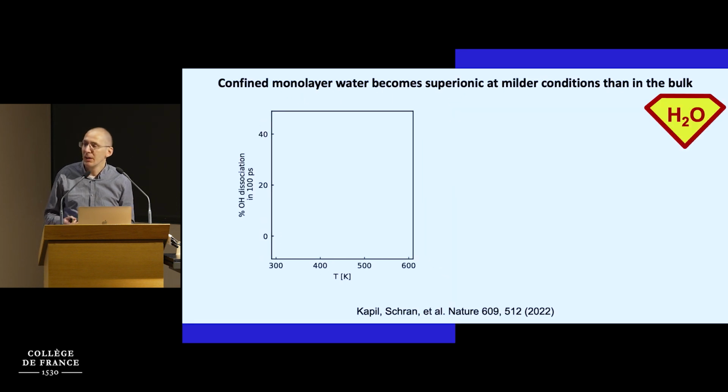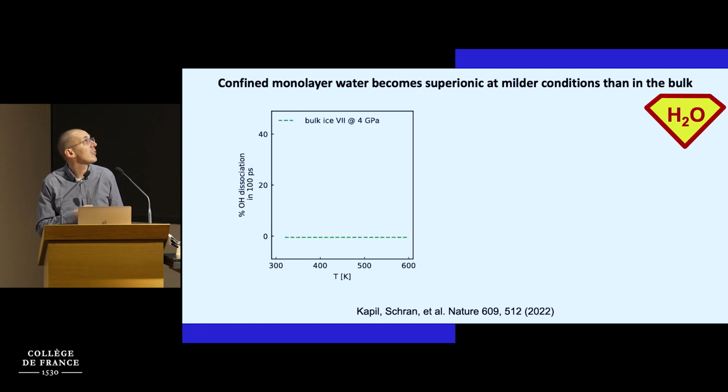We can then go about quantifying that. You can ask, what is the percentage of OH bonds in our system that break in a particular time window? In a very short 100 picosecond time interval, how many of the OH bonds have broken because of a proton hopping event?